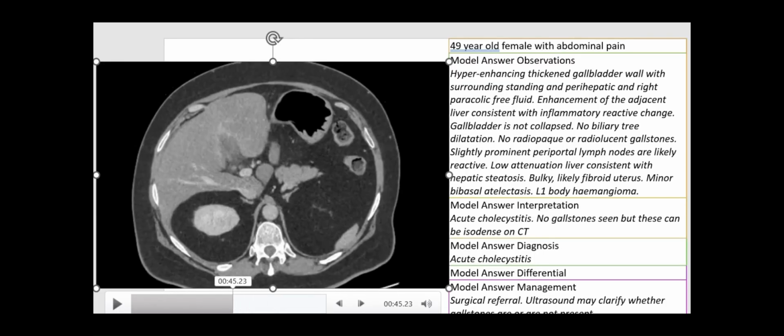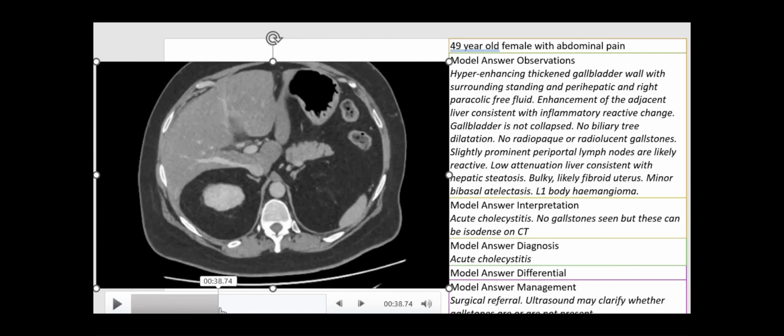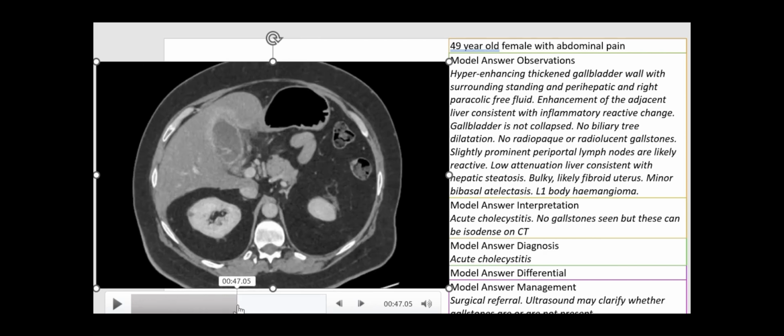So here we have fatty liver or hepatic steatosis along with thickened and enhanced gallbladder wall.